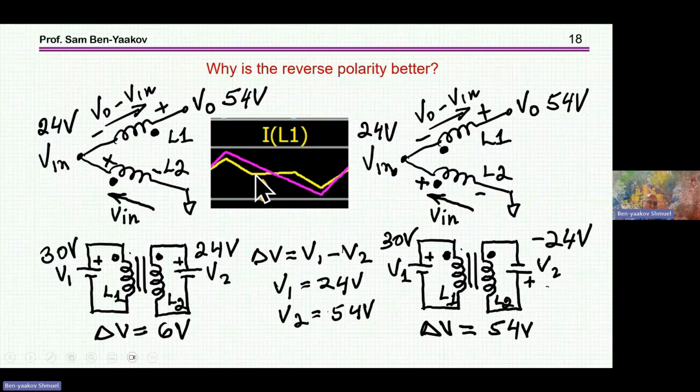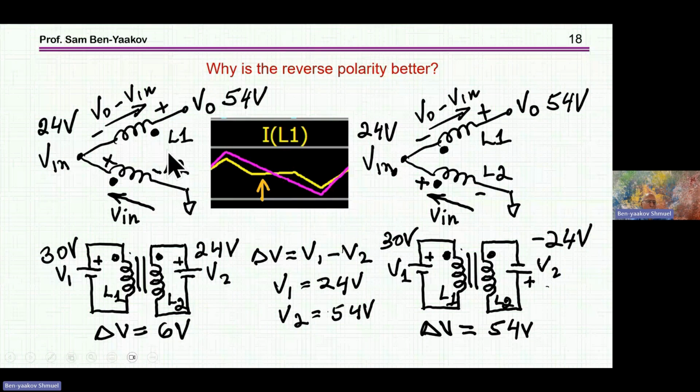This is this section here, in which one transistor is shorted, and on the other side, the diode is conducting. And these are just arbitrary numbers, just for demonstration. I'm assuming 24 volt at the input and 54 volt at the output.